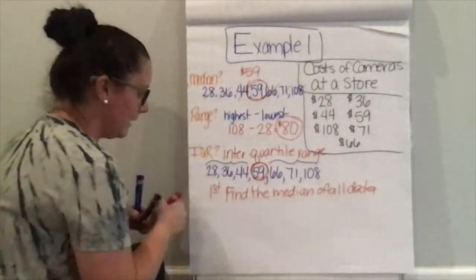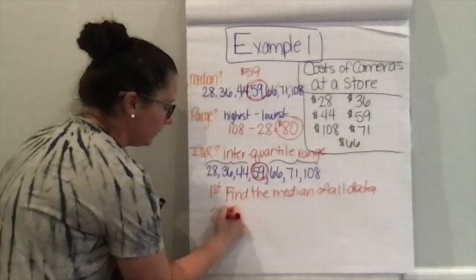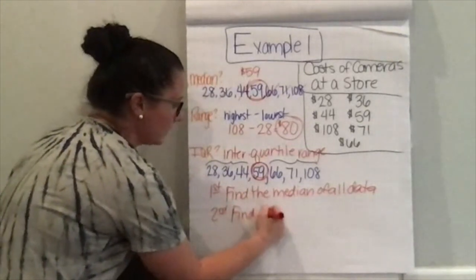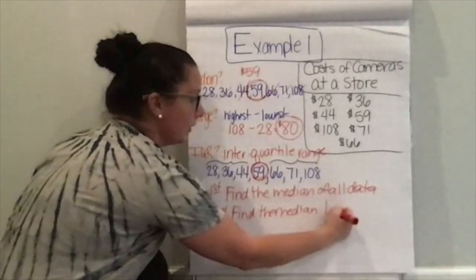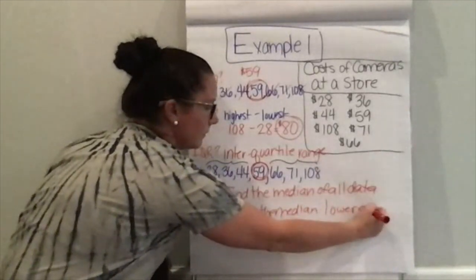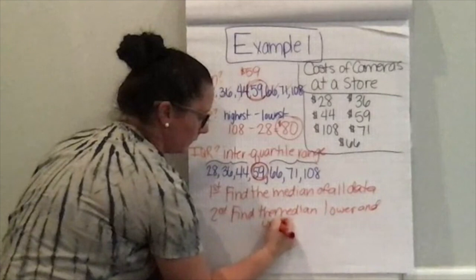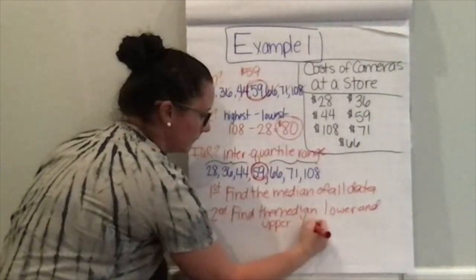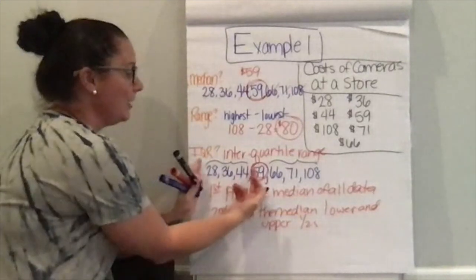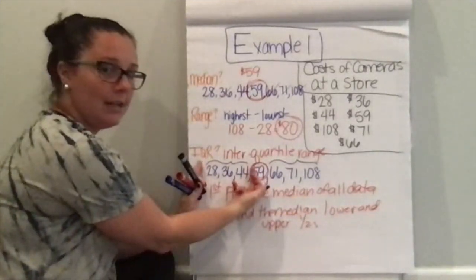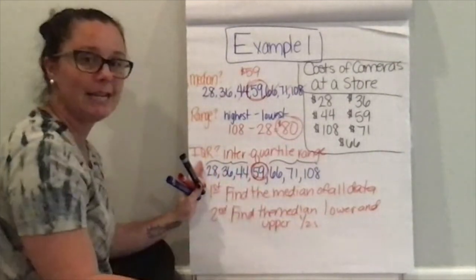Now, my second step is going to be find the median of the lower and upper halves. So how do we do that? I'm going to look at just my lower half here, and I see that I have 3 pieces of data in that.